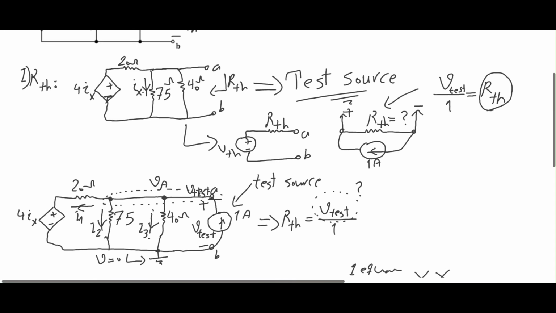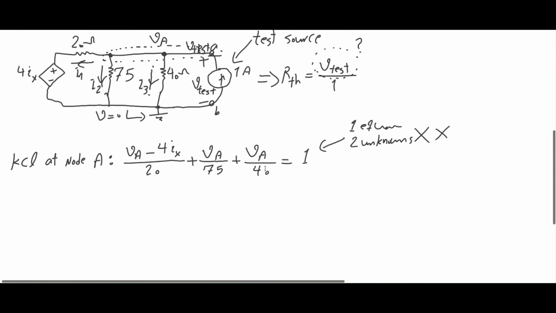So I have Ix flowing into 75 ohms. So this middle branch is actually my Ix. Okay, so I can say that VA over 75 equals Ix, or VA equals 75 times Ix. Okay, that's much better now.